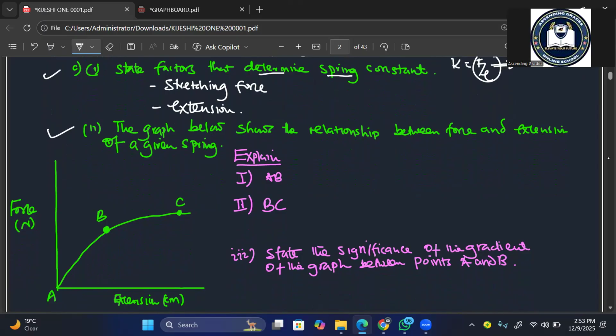Roman 2, we have a graph which is here. It shows the relationship between force and extension of a given spring.